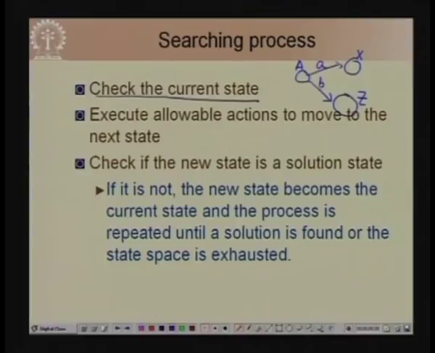Suppose the agent selects the action B and moves to the state Z. The agent checks if this state is a goal state. If it is a goal state, the agent has reached a solution. If it is not a goal state, the new state becomes the current state of the agent, and this process is repeated. That is, the agent finds the possible operations that it can execute in this current state, and it continues this until the goal state is reached.